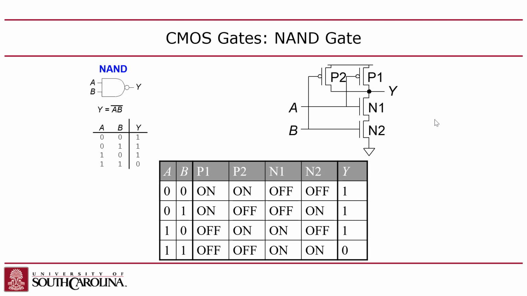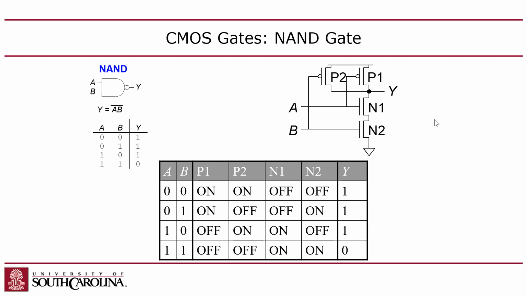This is the part that I used to hate about this stuff. In all 3 rows that pull the output up, at least one of the inputs has to be a 0, because that's the only way you can short the output to VDD with a PMOS, is to have a 0, right? So for every output row where the output is 1, at least one of the inputs has to be 0.